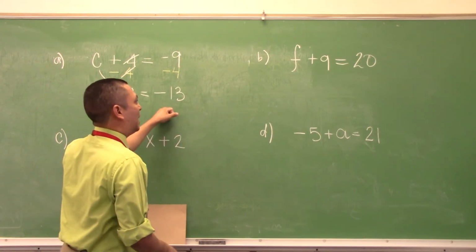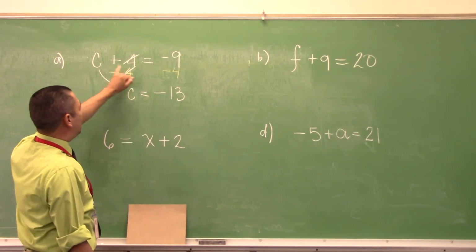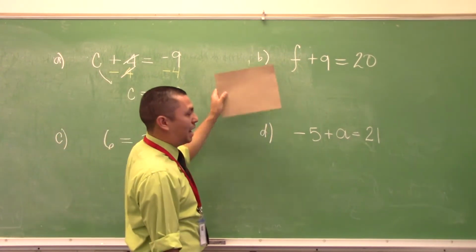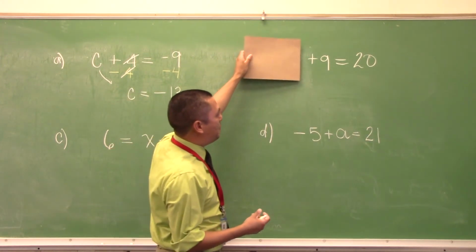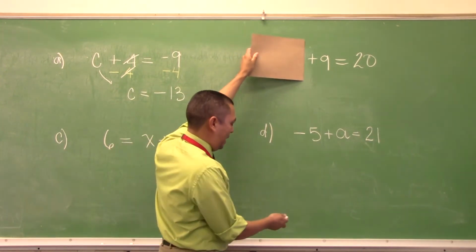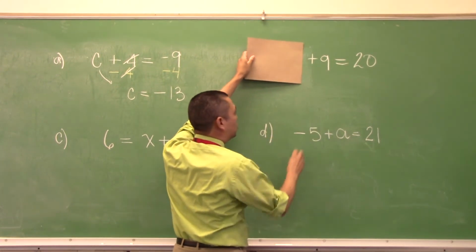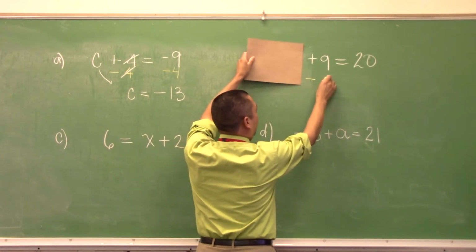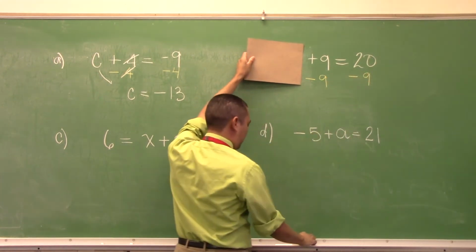Example B, in this case, I have f plus 9 equals 20. Here I had c plus 4, now here is f plus 9. We proceed to isolate the variable. Leave the variable alone, so I cover it. And I see which operation I have. It's plus 9. So I'm going to use the inverse of that operation. So minus 9 on both sides of the equation.